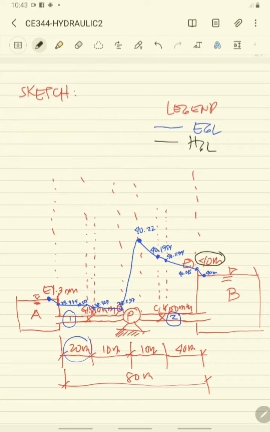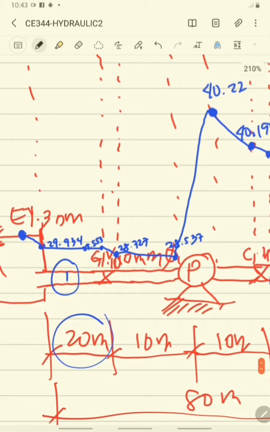hydraulic grade line. So for the hydraulic grade line, the difference of the energy grade line and the hydraulic grade line is equal to the velocity head.